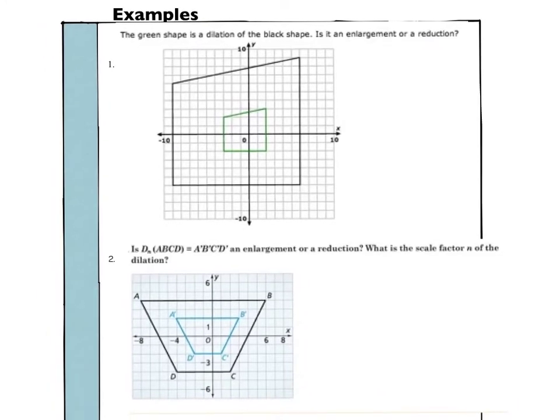So we're looking to figure out, well, is this an enlargement or is this a reduction? Clearly, the black is bigger, so that means it's gotten smaller. Therefore, this must be, you guessed it, a reduction. And it's going to have a scale factor that is, again, greater than 0, but less than 1.